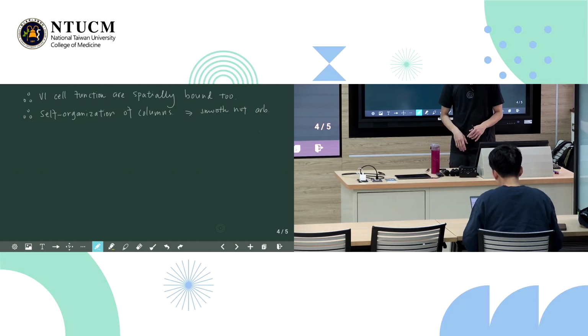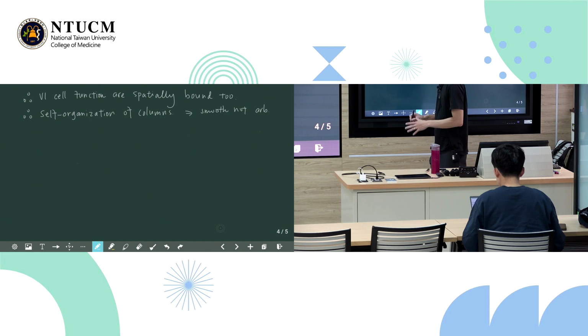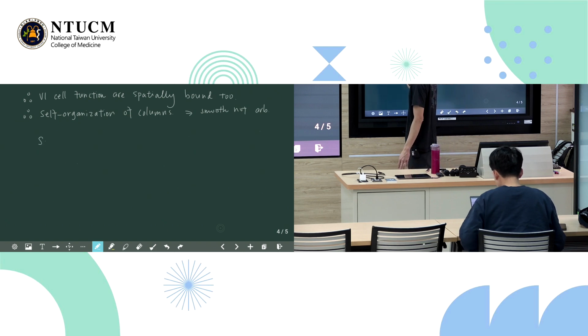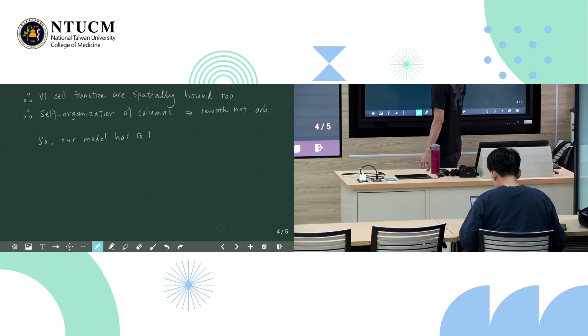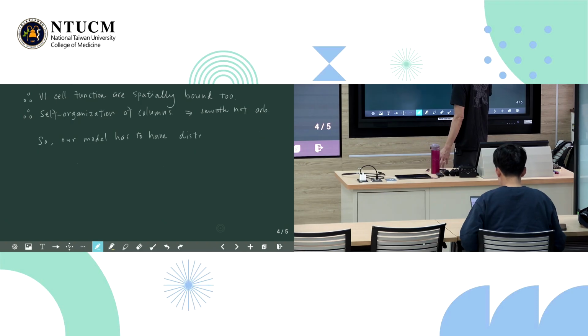All right, so it is about distance, physical distance. In other words, our model has to have distance constraints.